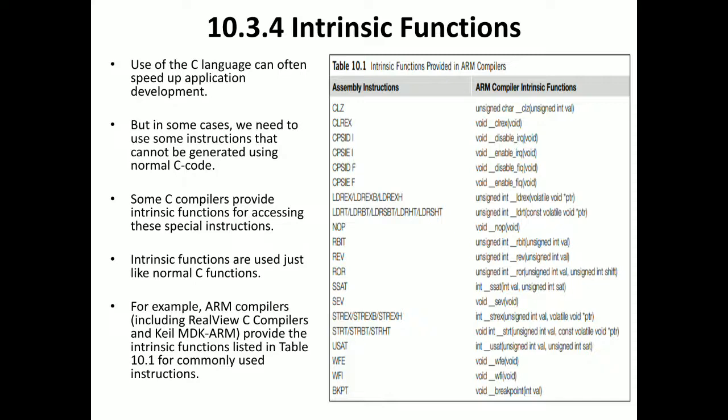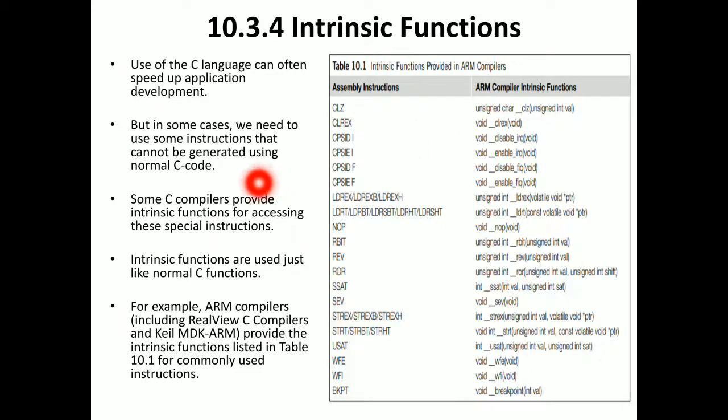For that we need to use some keywords of Cortex M3 inside the C program, to make the C program compatible with the board. So we need to use some functions of the Cortex M3, and those functions are called intrinsic functions.